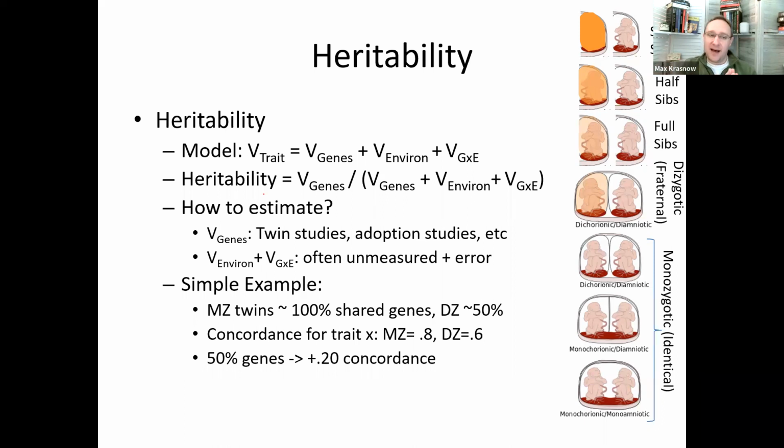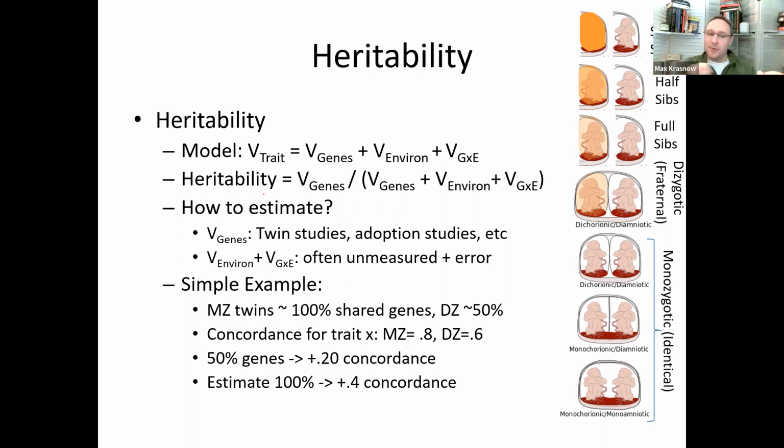Therefore, if we wanted to think about how much more similar monozygotic twins would be compared to simply unrelated people, that is the entire effect of variance due to genes, all we would have to do is double that, right? Because going from unrelated, 0% genes in common, to monozygotic twins, 100% genes in common, that would simply be an estimate of that 20% increase in concordance you get going from DZ to MZ, and then you would just guess that that was consistent with what you get from going from 0% to 50%.